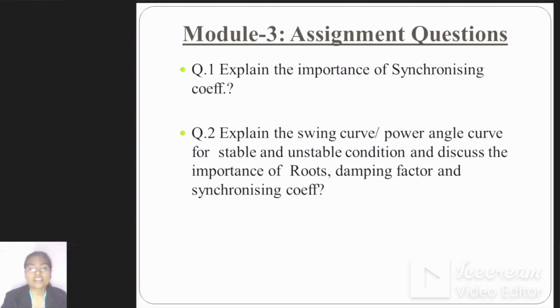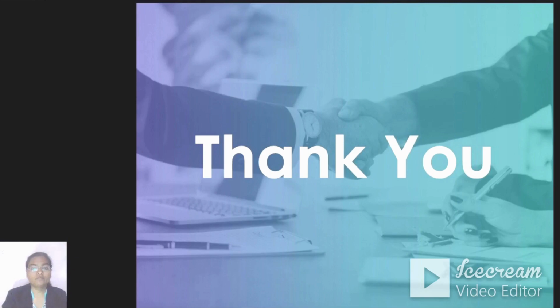Also, till 90 degrees, whether the synchronizing coefficient is positive or negative, and if it is positive, what its effect is, and what the stability condition of your network will be. So just discuss this. Either you can write in paragraph form or in point form, and you can go through these important questions.